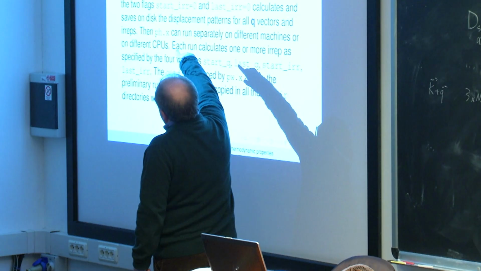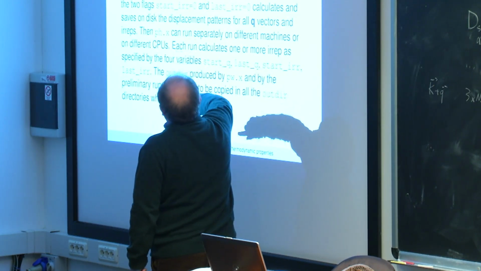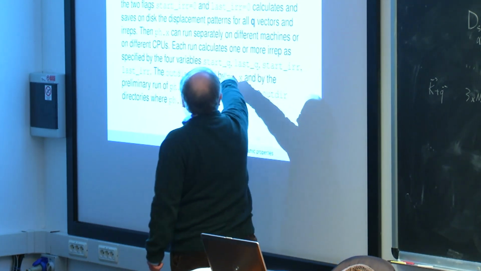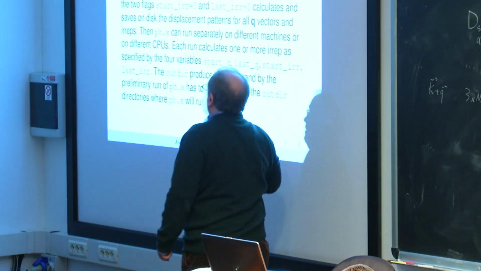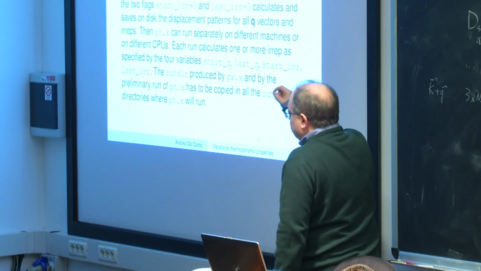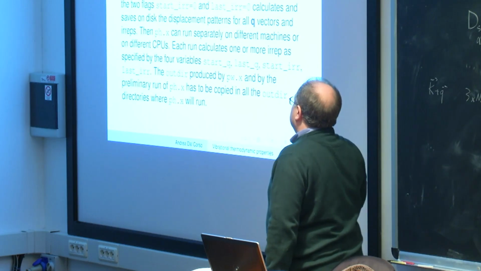You can also parallelize over the irreducible representations using start_irr and last_irr. So with these 4 flags, start_q, last_q, start_irr, and last_irr, you can tell the phonon code to do that Q point and that irreducible representation of the Q point.